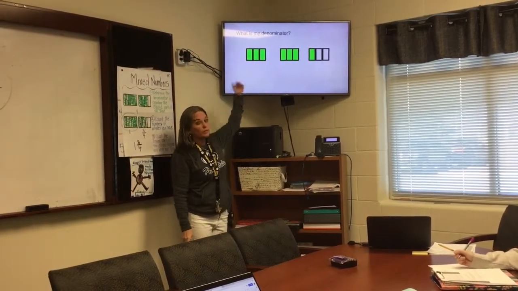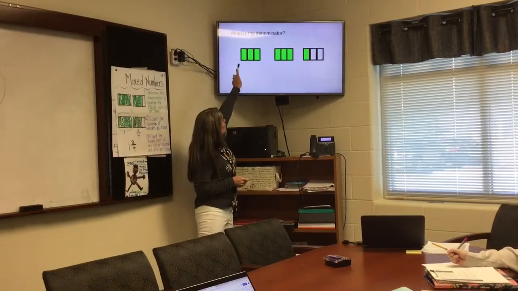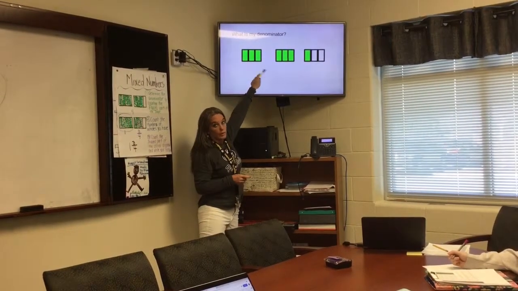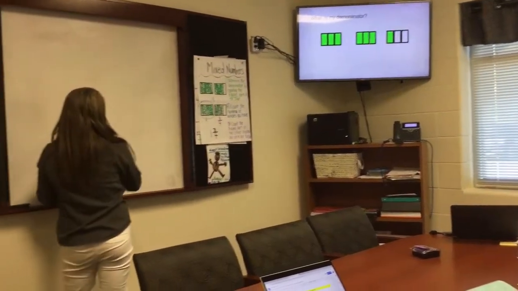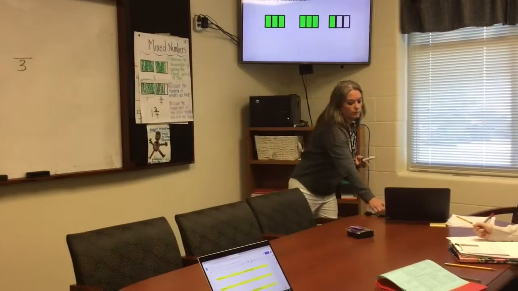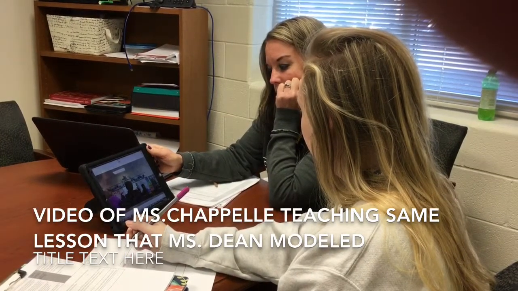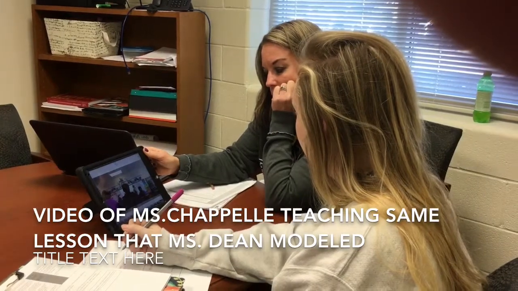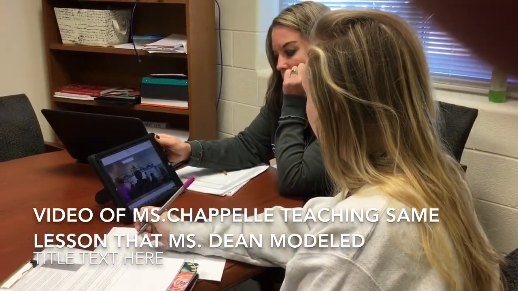What is my denominator for this one? Count our equal parts of the shape. 1, 2, 3. So my denominator is going to be 3. You must find your denominator first. Okay. 8 is more than 6, right? This is an improper fraction because I have more in my numerator than in my denominator.